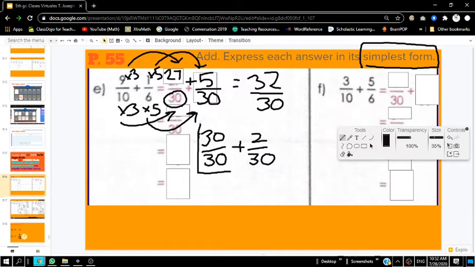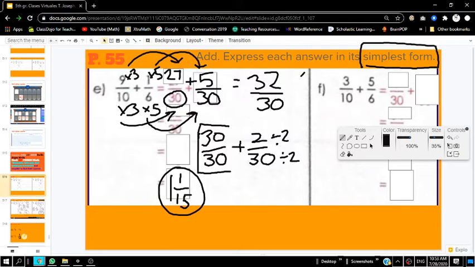So this right here that we have is equal to 1. And what we need to do is divide both 2 and 30 by the same number. I'm going to choose 2. I'm going to divide 2 by 2 and divide 30 by 2. 2 divided by 2 is 1, and 30 divided by 2 is 15. So your final answer is 1 and 1/15.